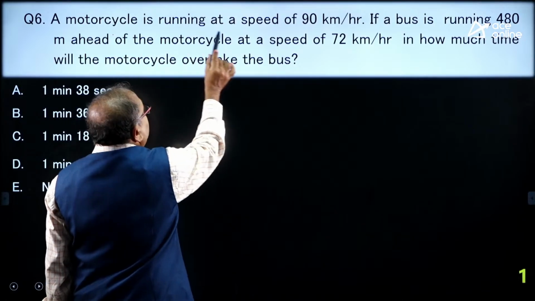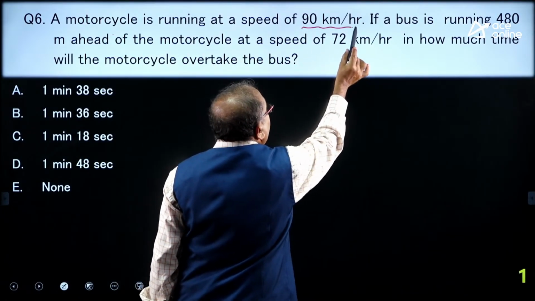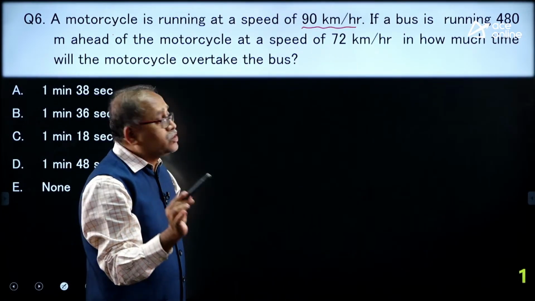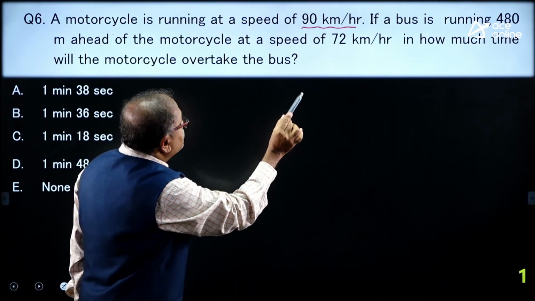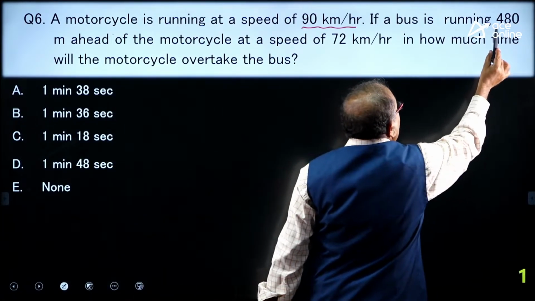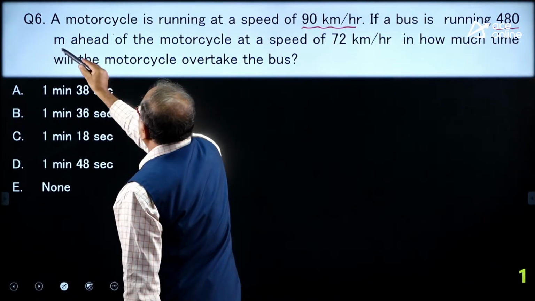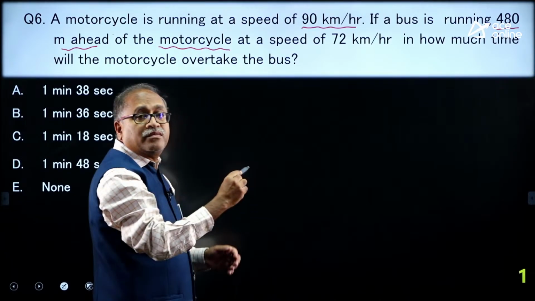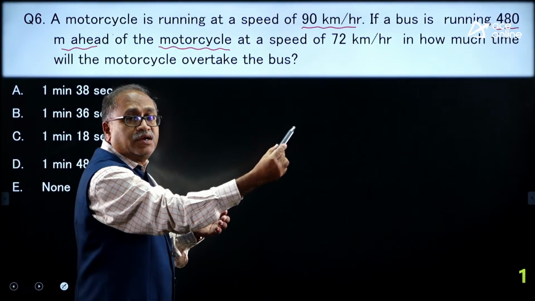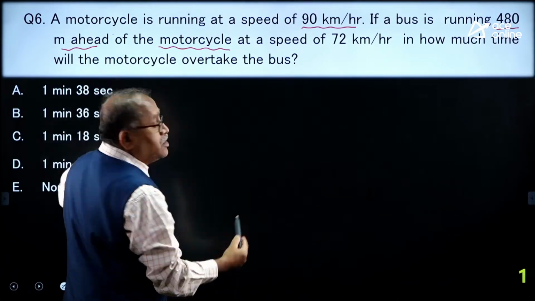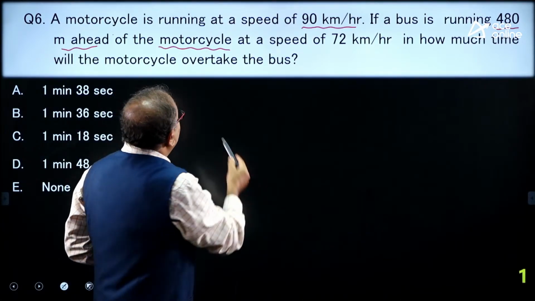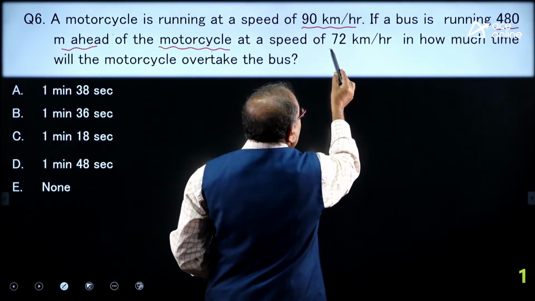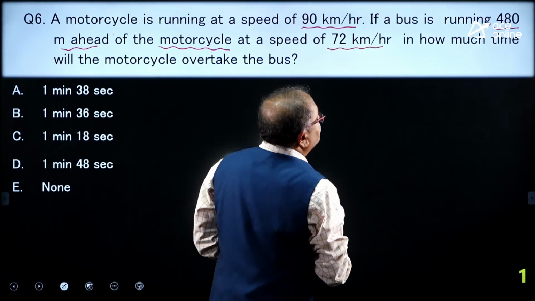A motorcycle running at a speed of 90 kilometer per hour, motorcycle speed. Now, the bus is 480 meter ahead of the motorcycle, and the speed of the bus is 72 kilometer per hour.